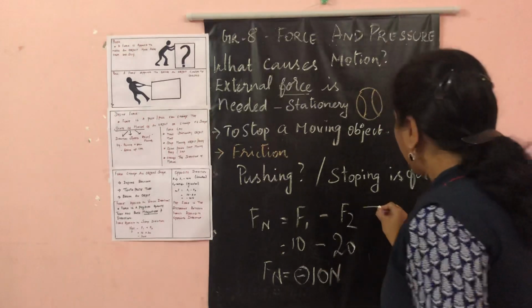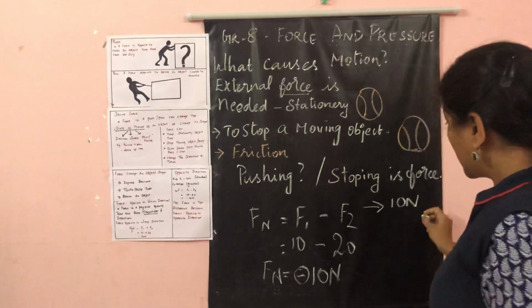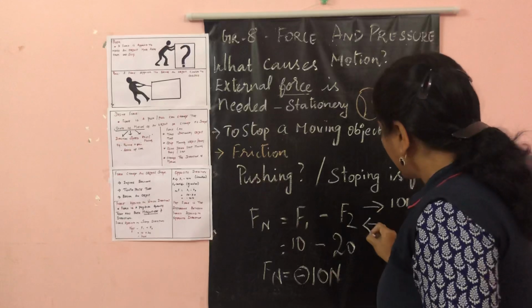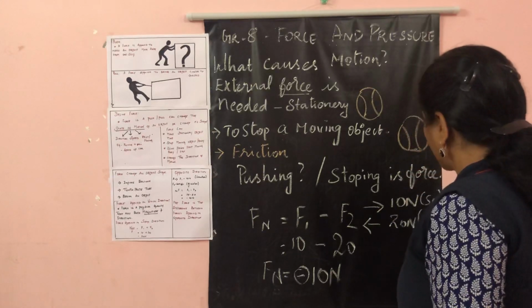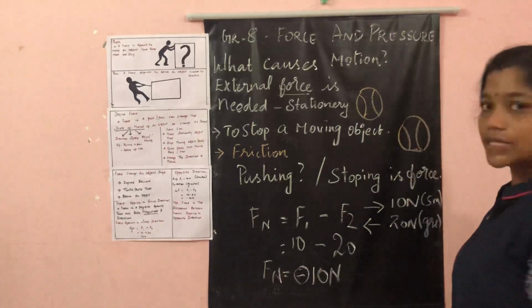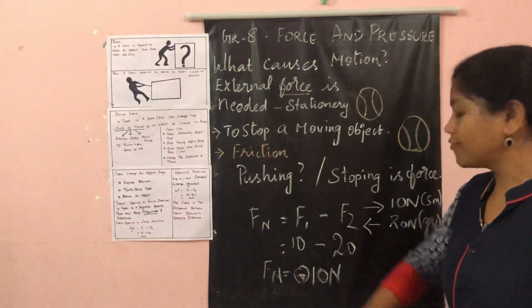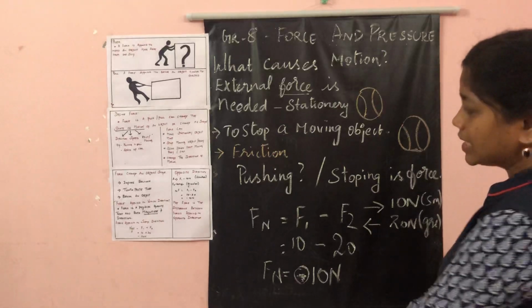I am F1, giving only 10 Newton, which is the smaller force, whereas he is giving 20 Newton, which is the greater force. Where the greater force is applied, that is the net force. To know in which direction the greater force is, we represent it with a minus symbol. This is the net force.